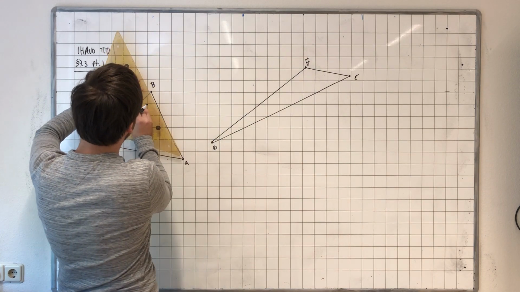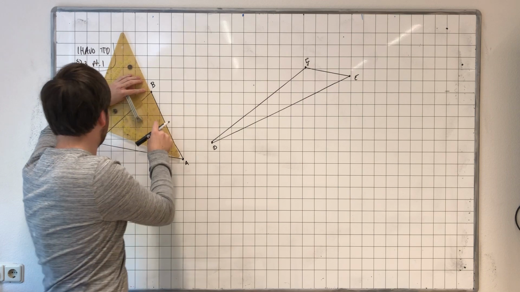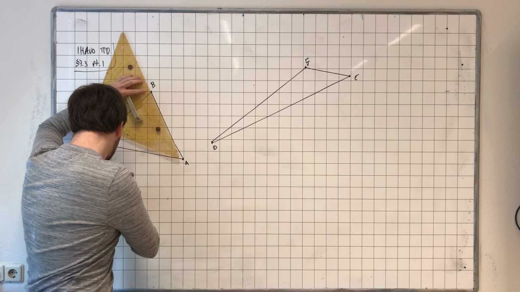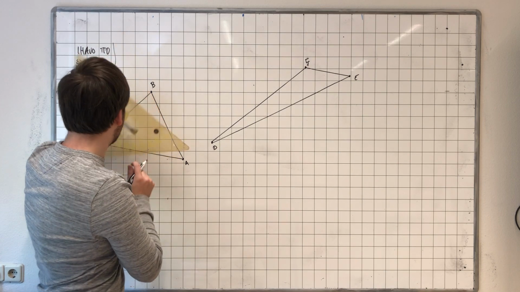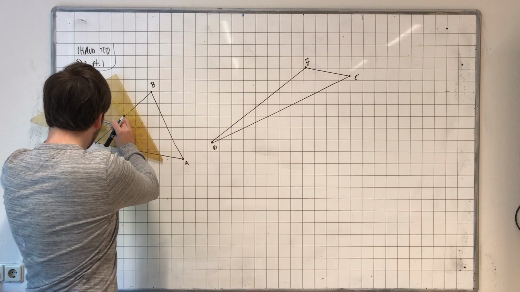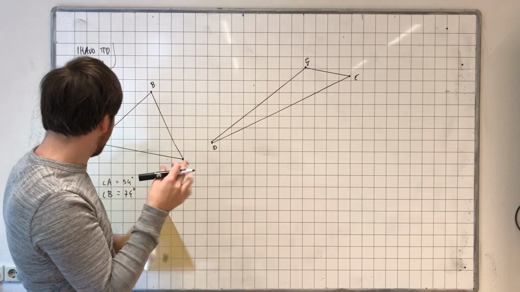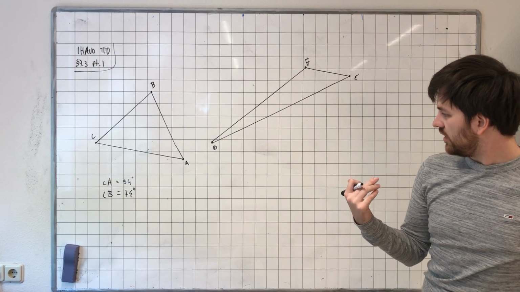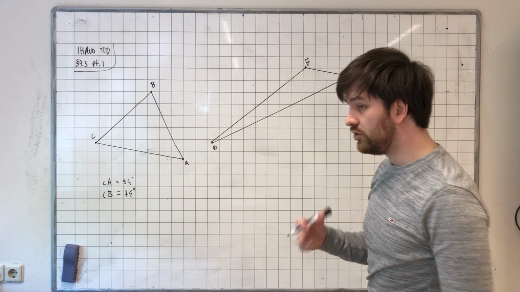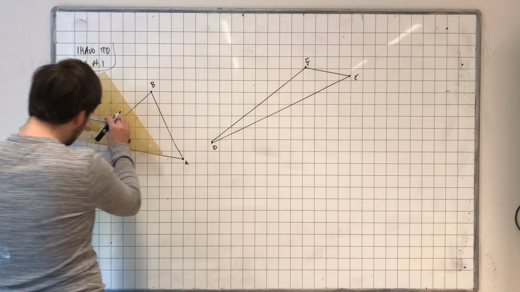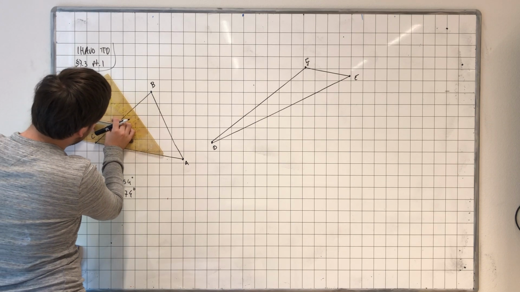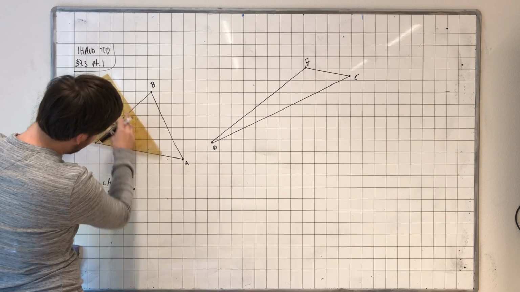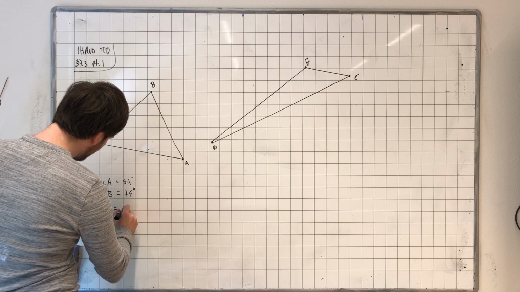Angle B, degrees, and then angle C, and I can already say what it is before measuring it, because I already know that it will be 52 degrees, but I'm just going to measure it just to make sure. You can see 52 degrees. How did I already know that?